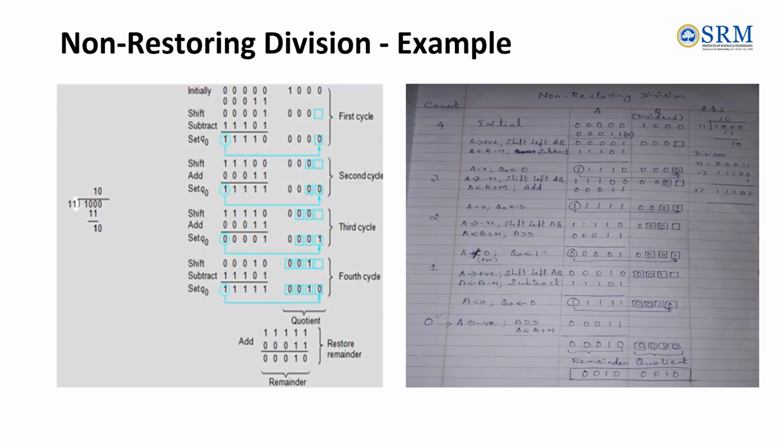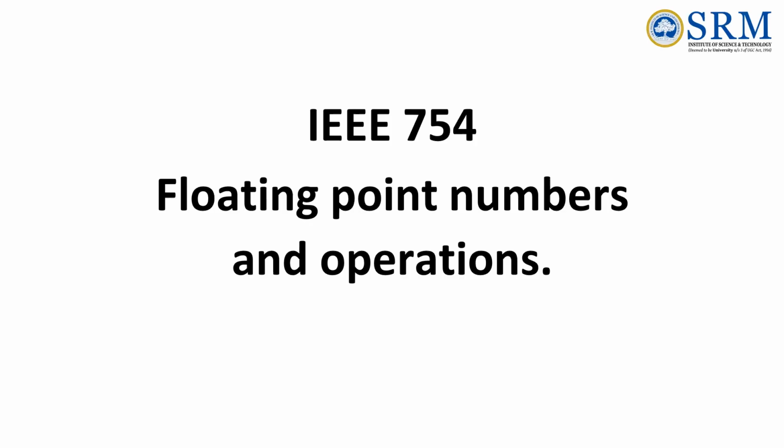First I am shifting, then subtracting A minus M, then setting Q naught with the leading bit. Now I am checking the sign of it, then shift and add, then set Q naught to the last bit, and repeat this operation until n becomes 0.